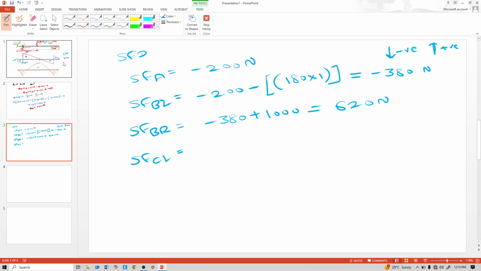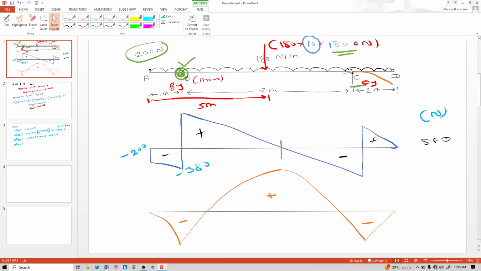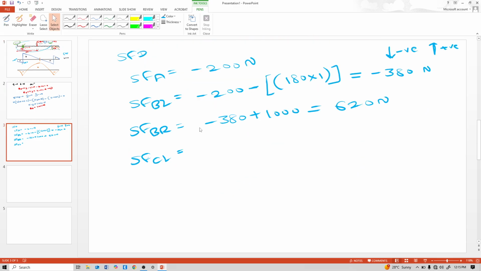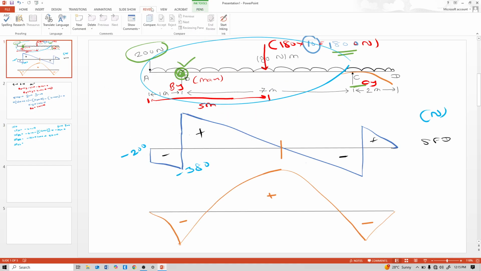For calculation of shear force just left to that C point, see the loads on the left side. But now we have already calculated shear force at point B, and just right of point B it is 620 Newton.